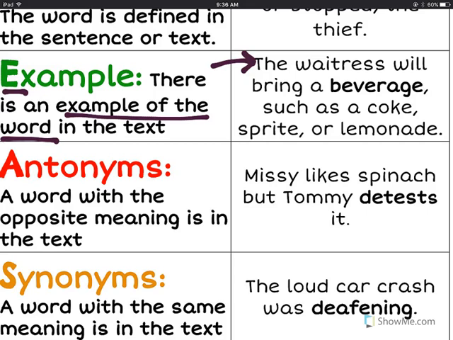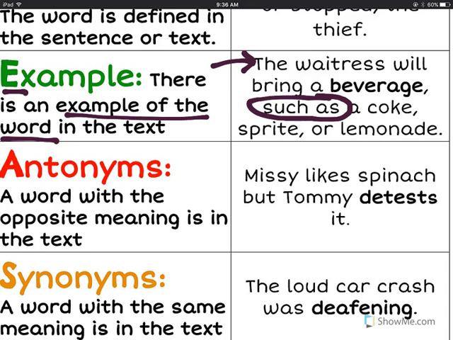A huge indicator or clue that you're going to be talking about an example, you might see phrases like this, such as. You might even see, for example. Basically, it's a phrase that gives you a heads up that we're ready to give you some ideas of what this might look like.